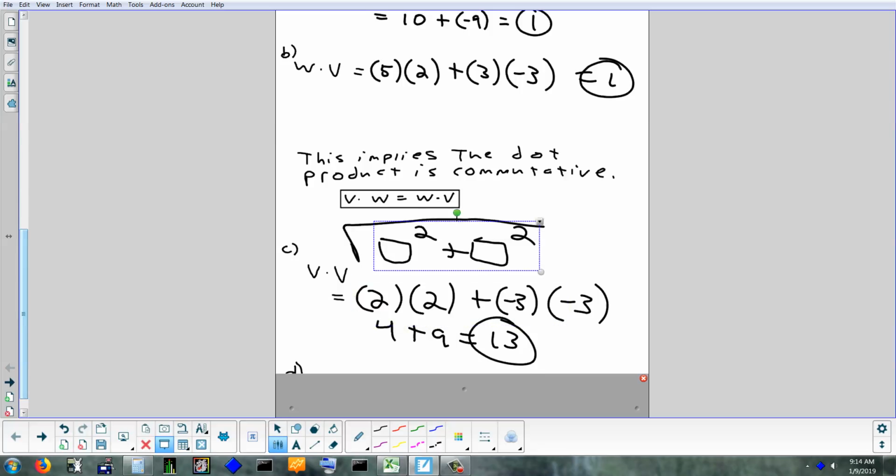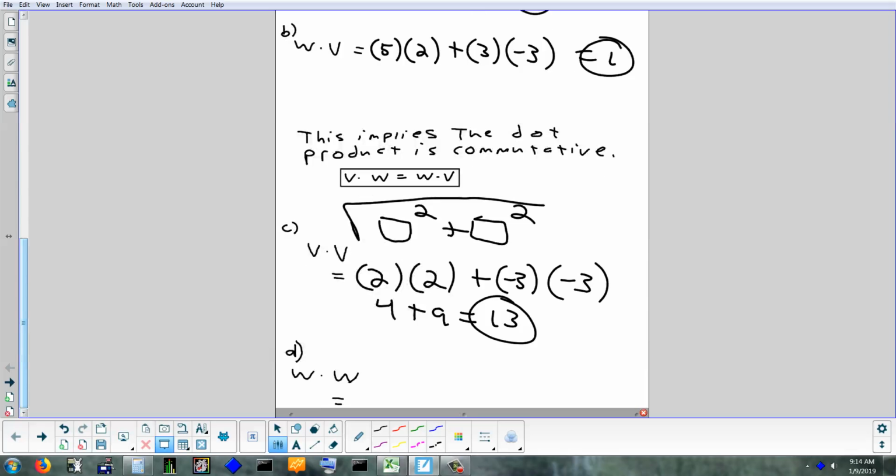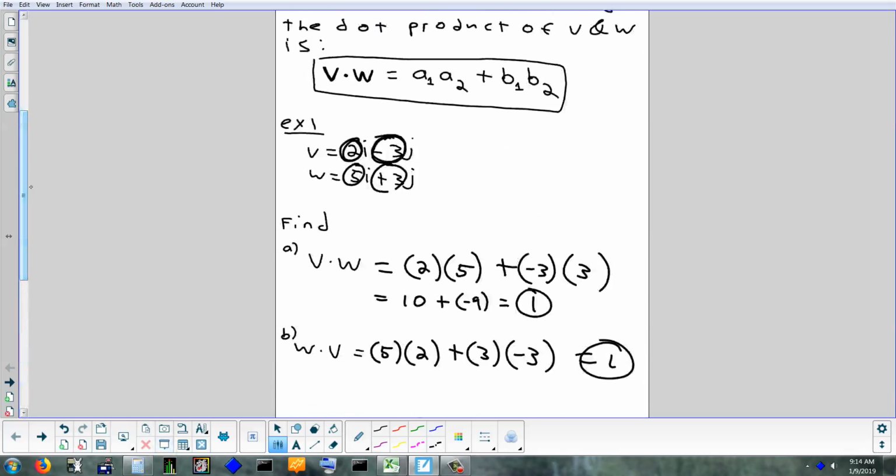Well, the only thing we didn't do here was take the square root, and you're not supposed to. We squared something else, and we added them up, and we just wrote that number. So what I'm trying to show you here is when you dot a vector with itself, it's almost like you're finding the length of it, except you're not really taking the square root. Okay? Let's try and see if that works again with W. What would I do for W dot W?